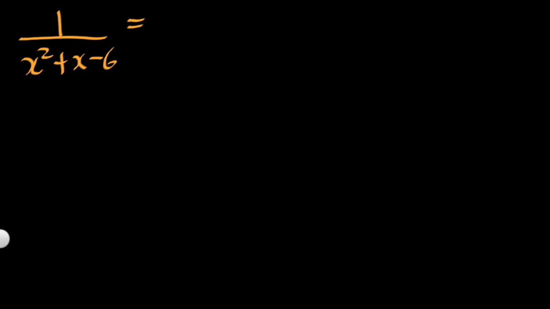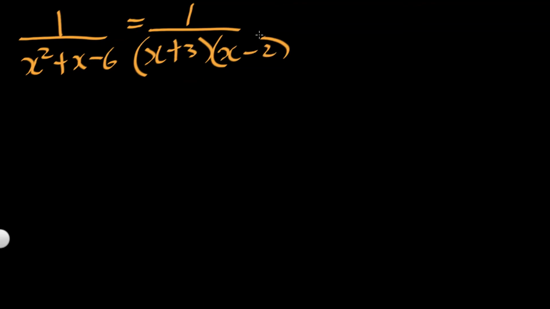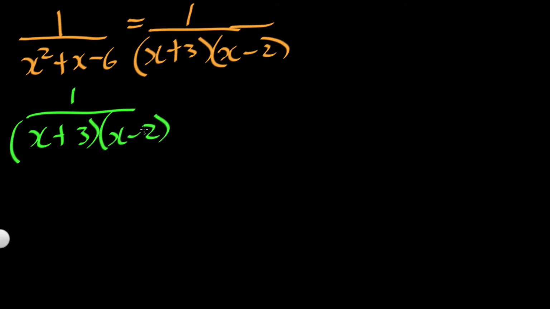The denominator is actually x plus 3 times x minus 2. Please check your factorization properly, because if you don't factorize well, you won't be able to do the partial fraction. So we essentially have 1 over x plus 3 times x minus 2.